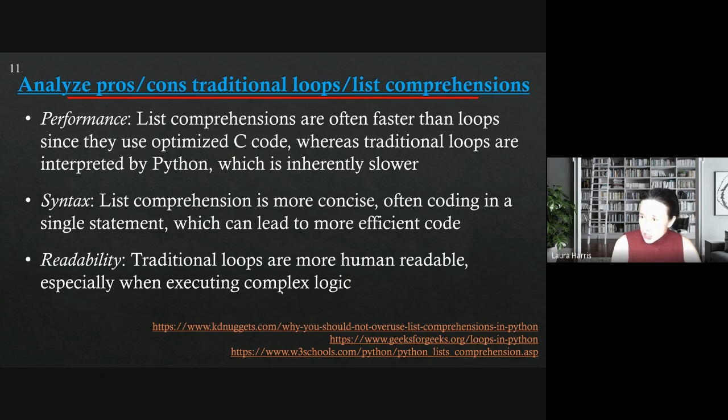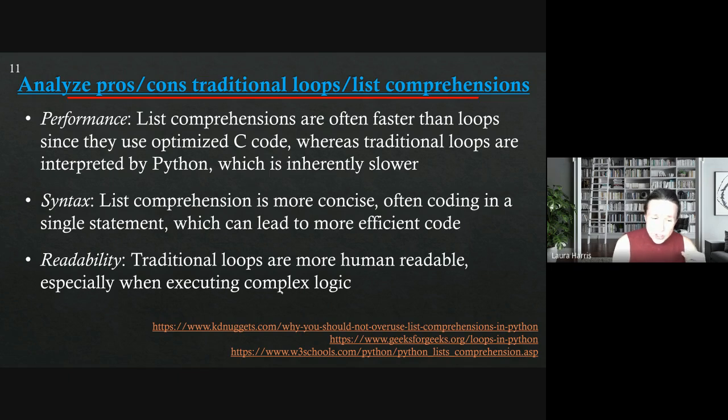List comprehensions are often faster than loops. And this is because they use optimized C code under the hood of Python in order to execute the list comprehension. Traditional loops, on the other hand, are interpreted by Python. And Python is inherently a slower programming language than C is.